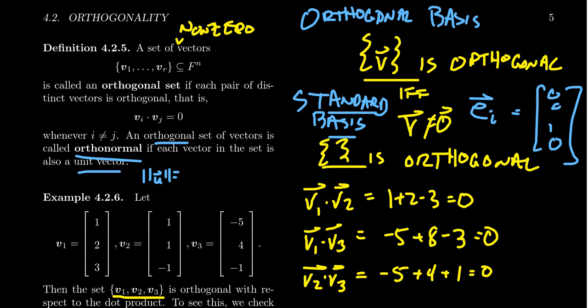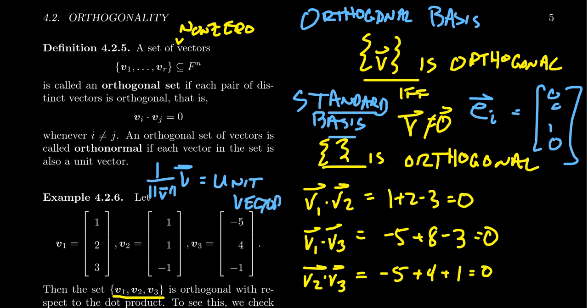And the reason we call it orthonormal here is that orthonormal is an amalgamation of the words orthogonal and normal. Remember that if you take any non-zero vector v and you divide it by its norm, then that will give you a unit vector.